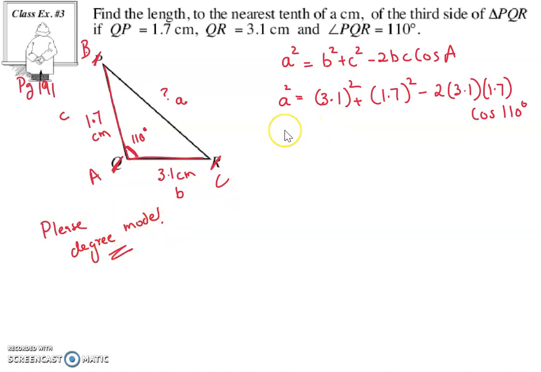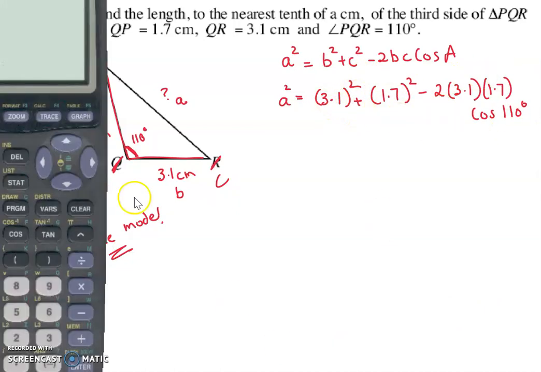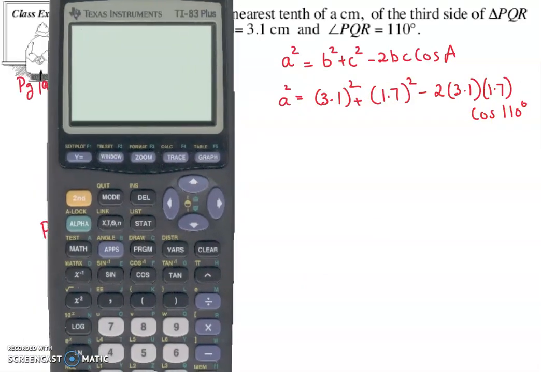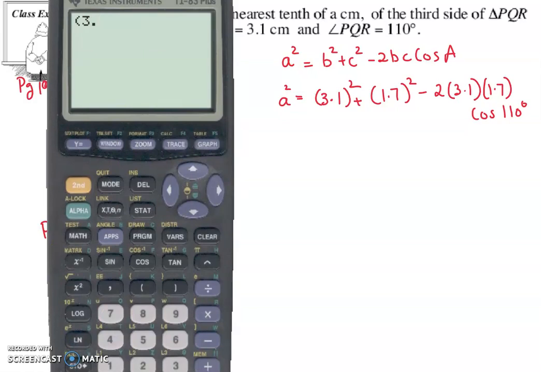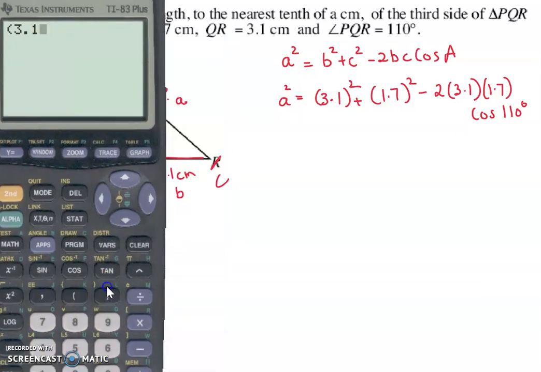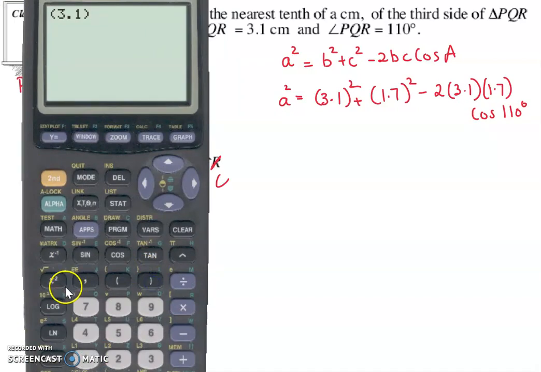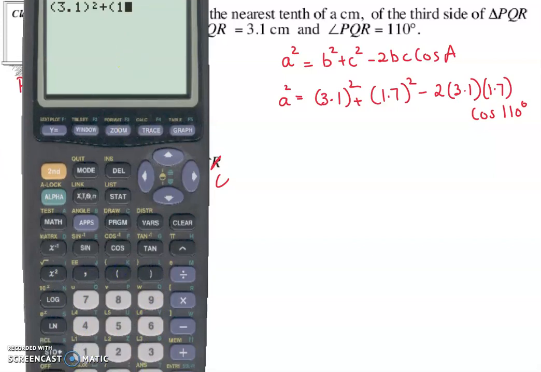Okay, very important. So what we're going to do is put this in our calculator. I'm going to take this entire one side and put it into my calculator. So it will be 3.1 squared plus 1.7 squared. I'm sure you can do this much faster in your calculators.